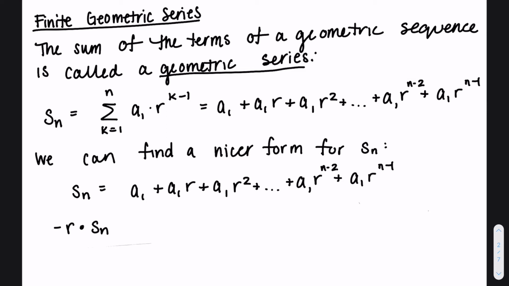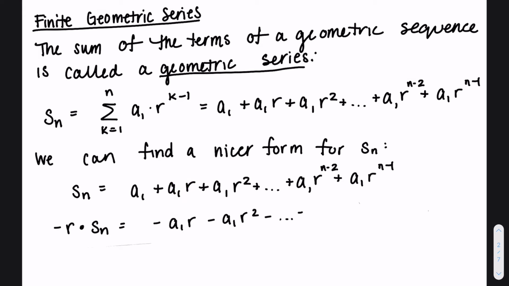Your very first term a1 gets multiplied by negative r, so it's going to get lined up with the same power. So you get negative a1r. The second one times negative r is negative a1r squared. Keep going.